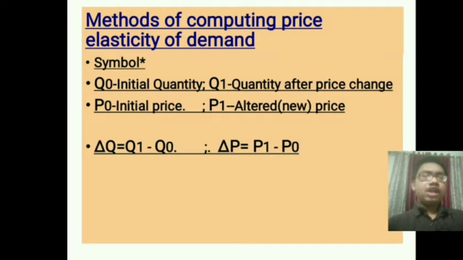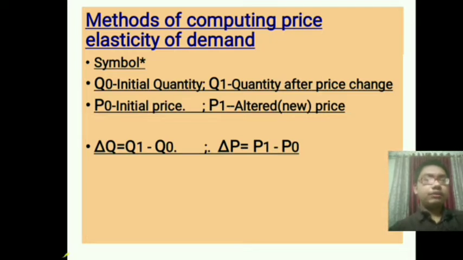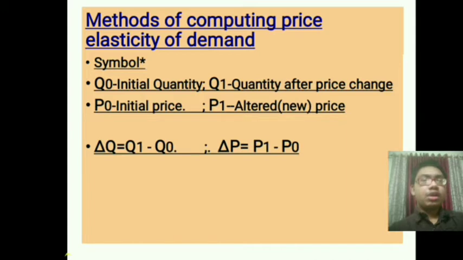Next, let us come to the methods of measuring price elasticity. Before we go to the formulas or the methods, let us first understand a few symbols. Q0 generally means the initial quantity demanded of a good, and Q1 means quantity demanded after price change, or new quantity demanded.